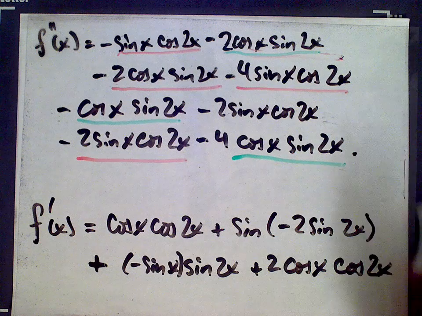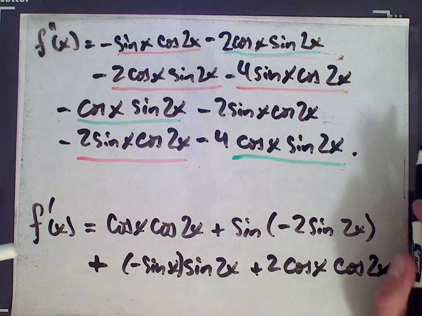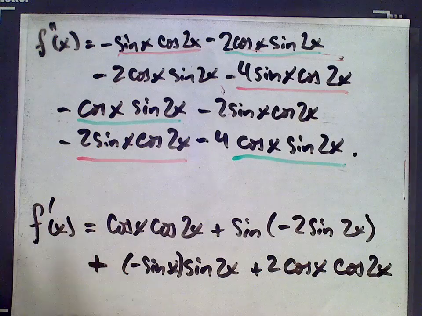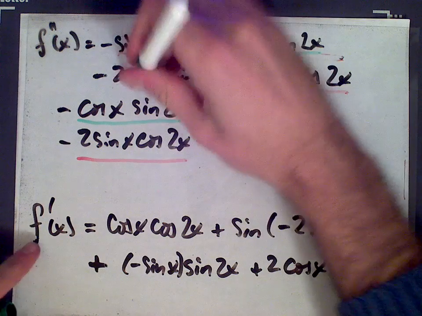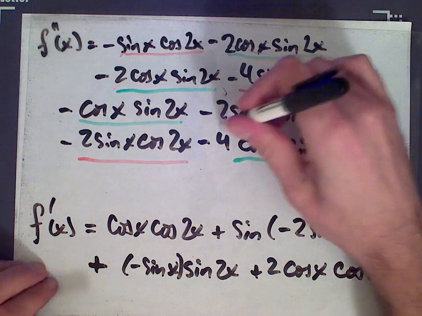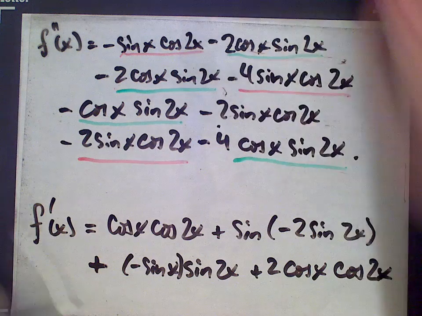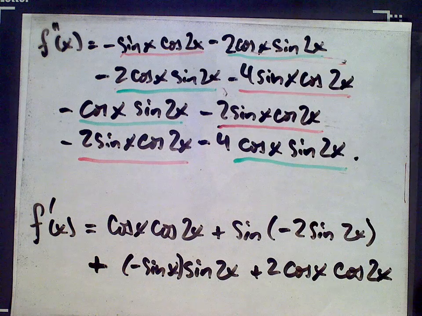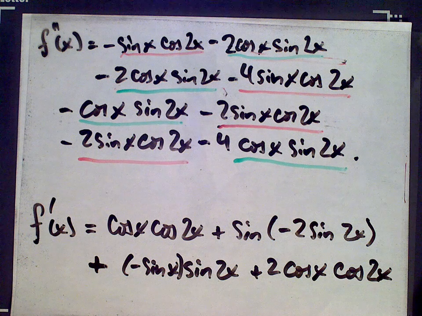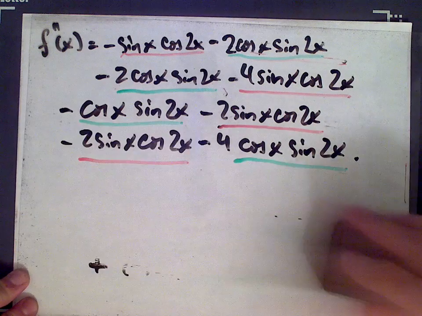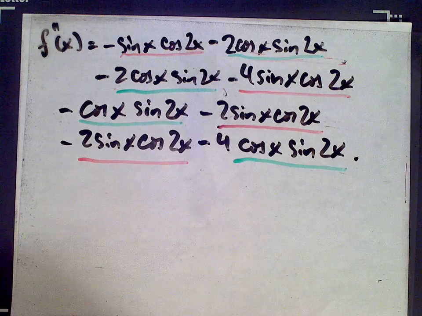Let's see. So this should not be red, it should be green. Okay, this is what I mean by being careful. And here we have sine x cos 2x, which should be red. Okay, so we have 4 terms of cos x sine 2x and 4 terms of sine x cos 2x. Now what we do is we combine like terms and see what we get.